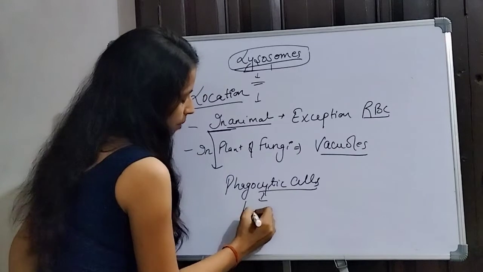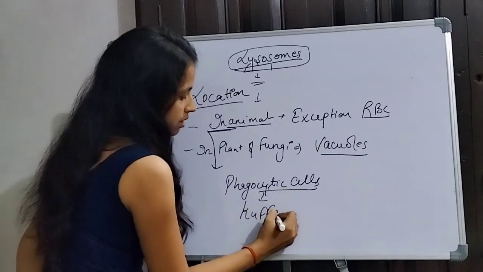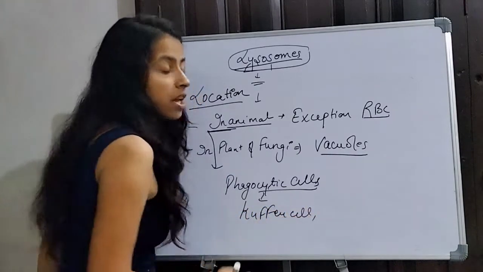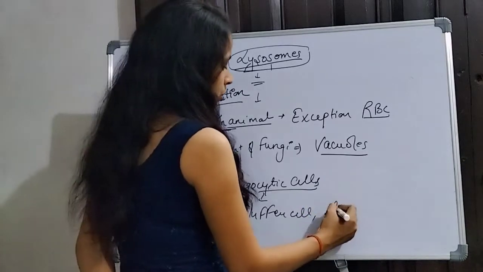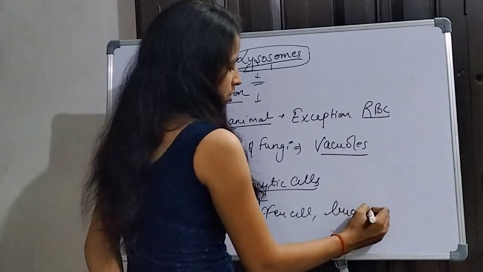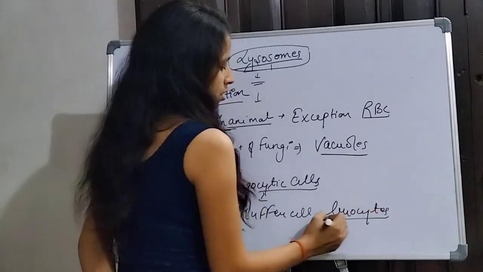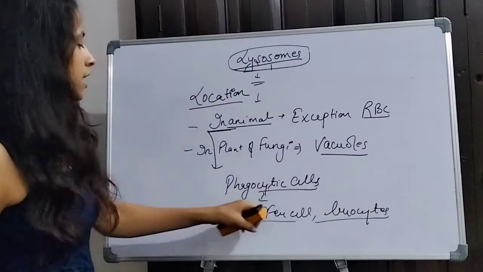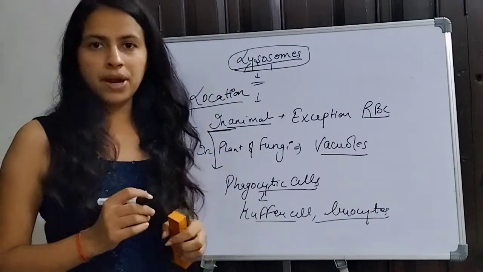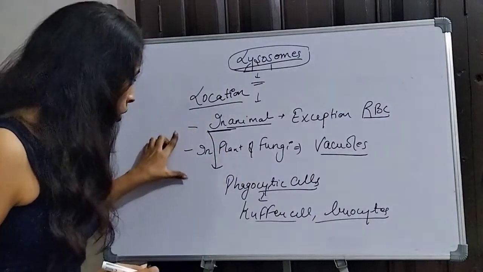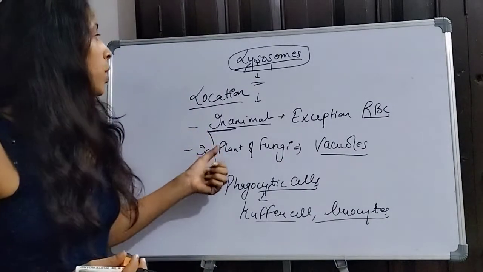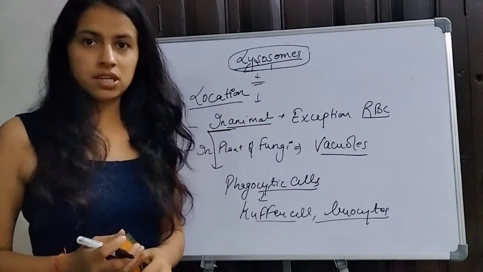These cells are, for example, Kupffer cells, which are present in the liver, and leukocytes. Mainly in these cells they are present in abundant form. This is all about the location where the lysosomes are present.